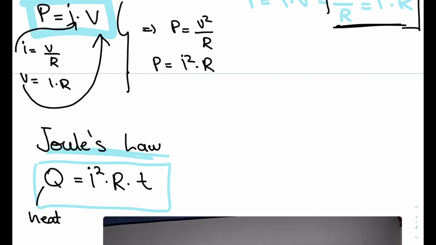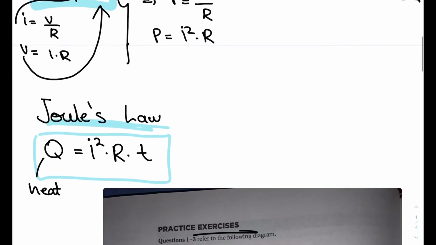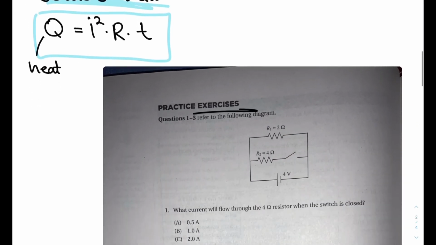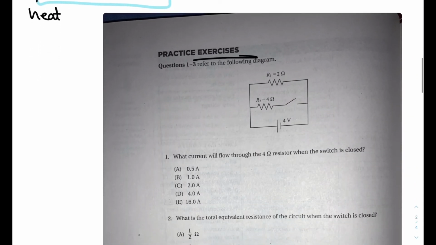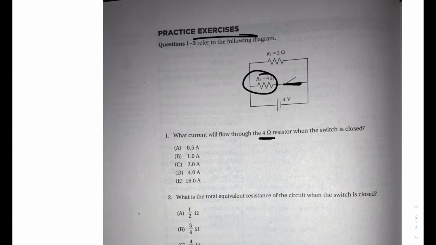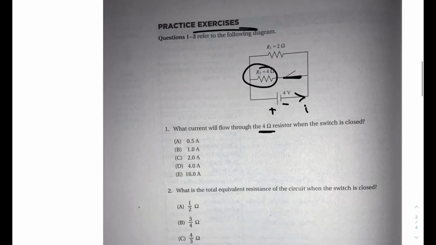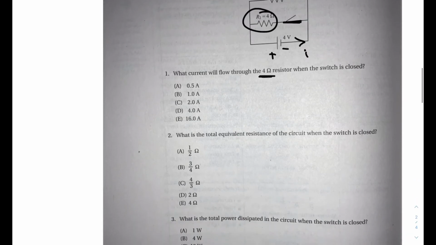All right, now let's do the exercises. So here we have a circuit, and it asks what current will flow through the 4 ohm resistor. When the switch is closed, current will flow through this, okay? This is the negative side, the positive side, and this is how the current flows. Here is a parallel circuit, so we will just calculate like this.